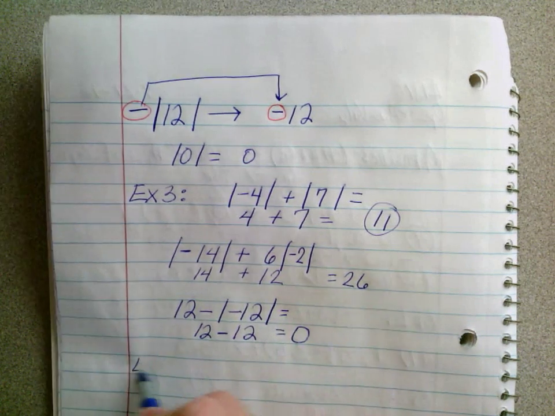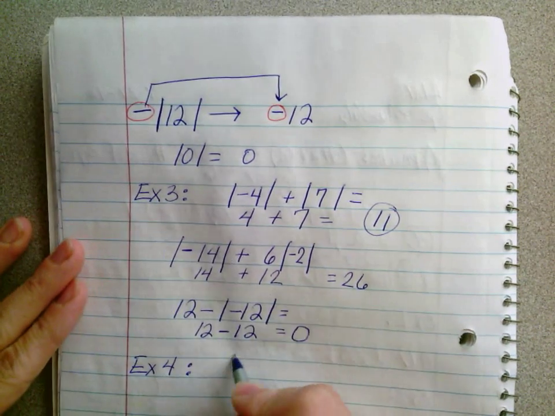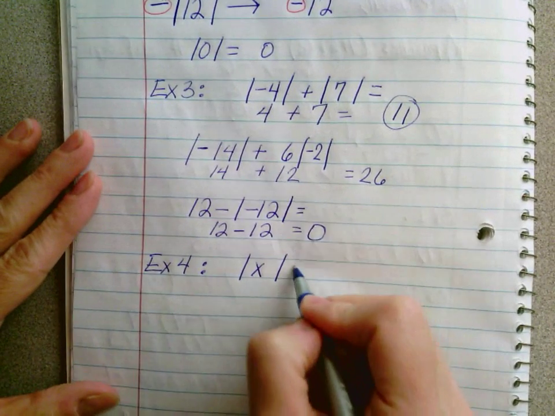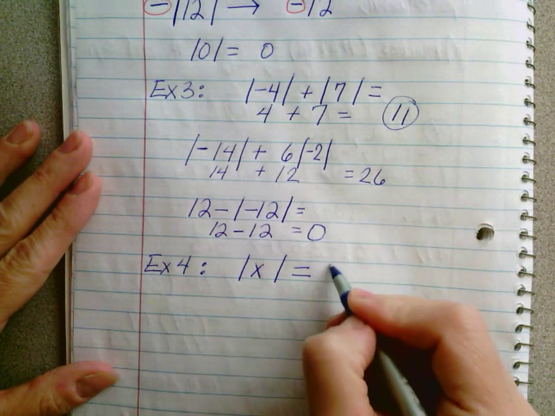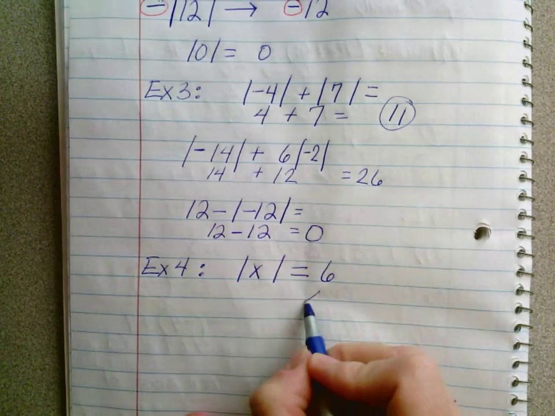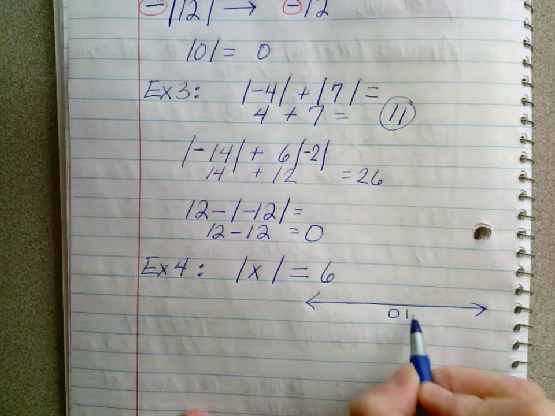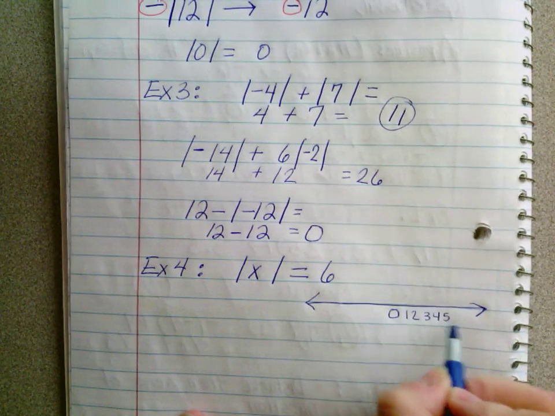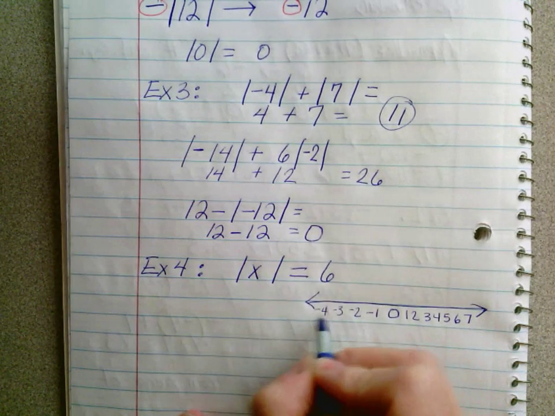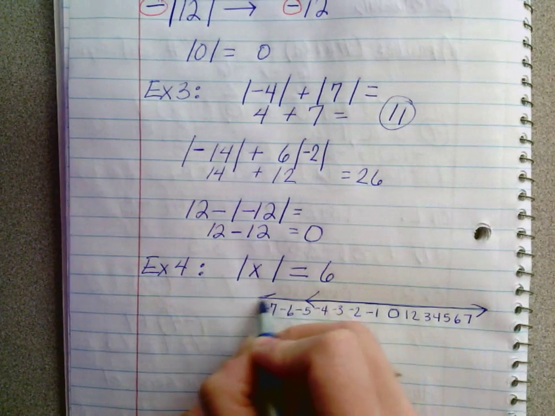Two more things. Example 4 says, what could produce an absolute value of, say, 6? What different things or thing lives 6 away from 0? I don't even know why I draw my number lines before I label it.